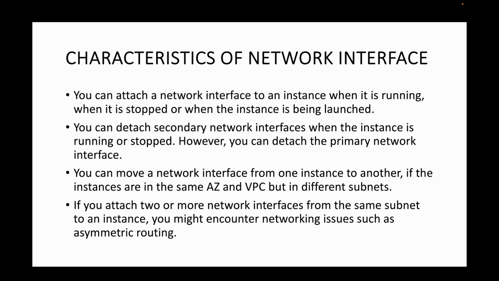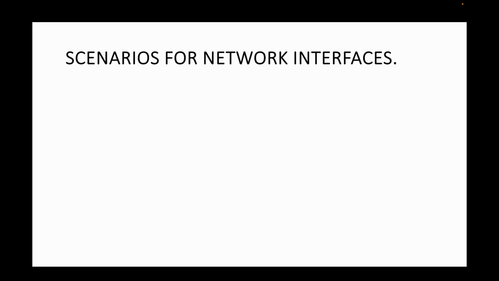And if you attach two or more network interfaces from the same subnet to an instance, you might encounter networking issues such as asymmetric routing. So generally it is recommended that we should not create the network interfaces in the same subnet because there are some networking issues that might occur because of this. So these are some of the characteristics of your network interface.